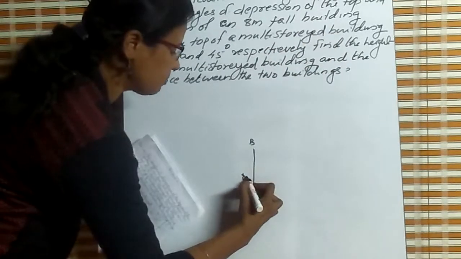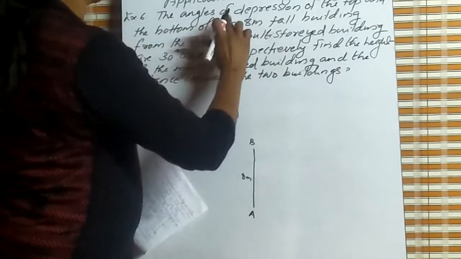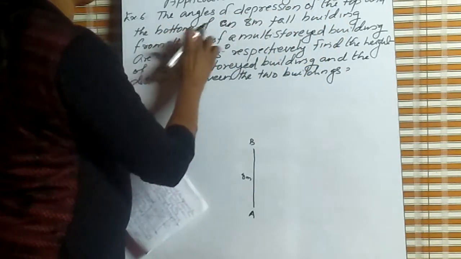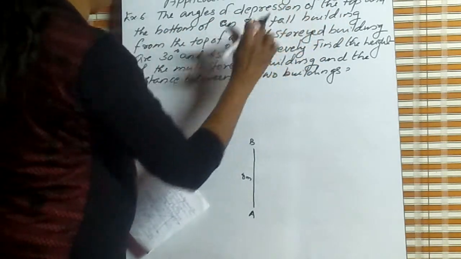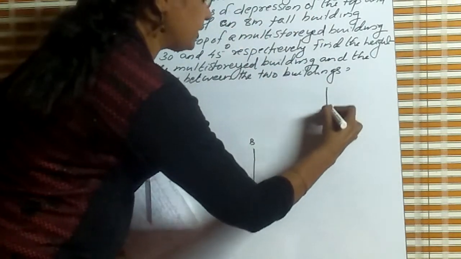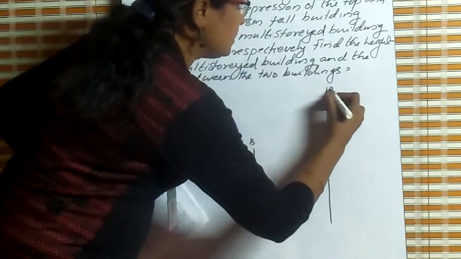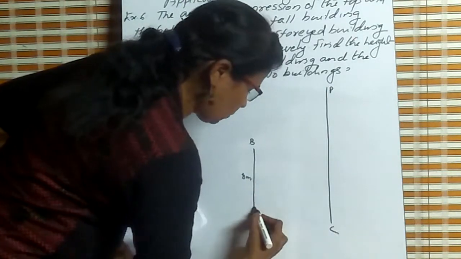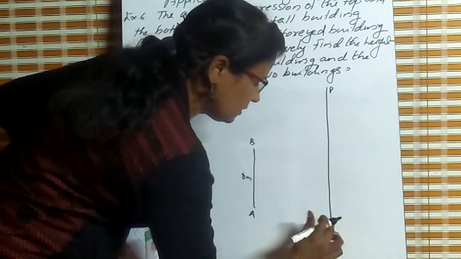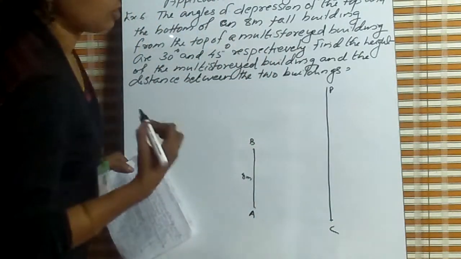This is the 8-meter tall building. PC is the multi-storied building and AB is the 8-meter tall building.